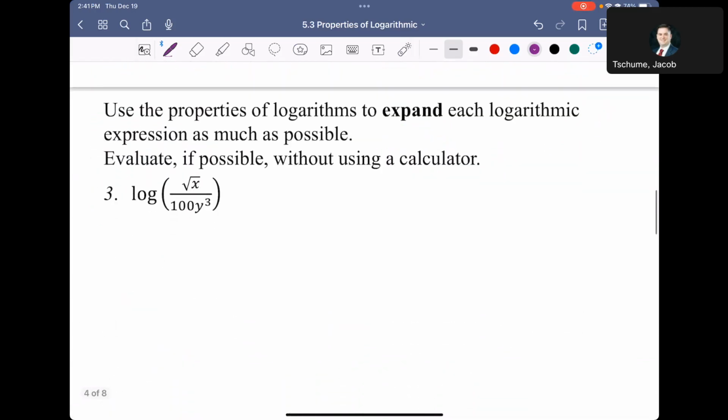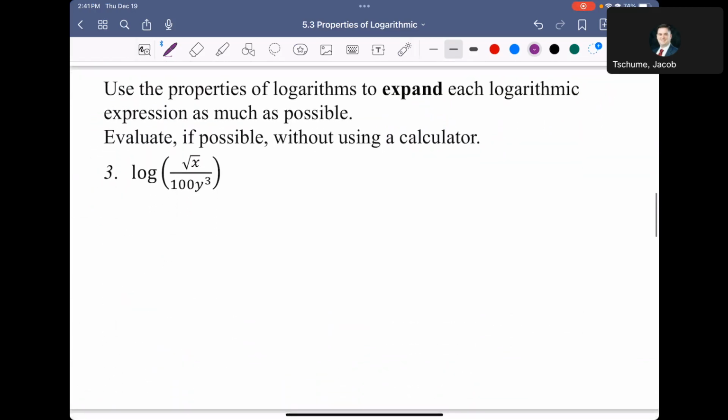All right, let's do one more like this. This one's got a few steps in it, but same thing. I want you to expand this single logarithm as far as you can and simplify and evaluate when necessary. So we have the log of the square root of x divided by 100y cubed.